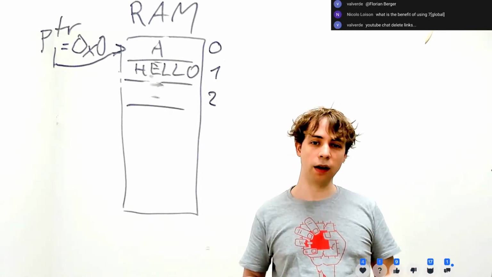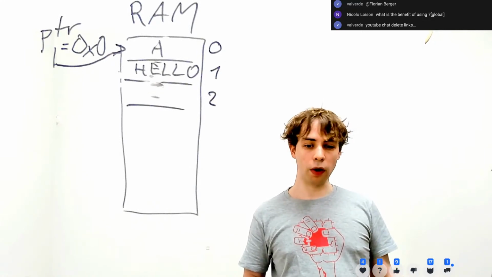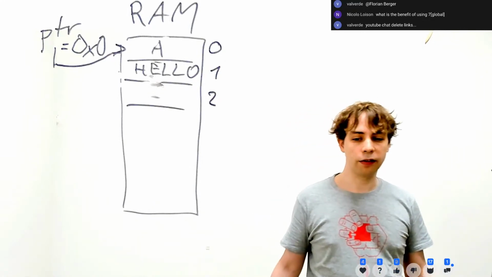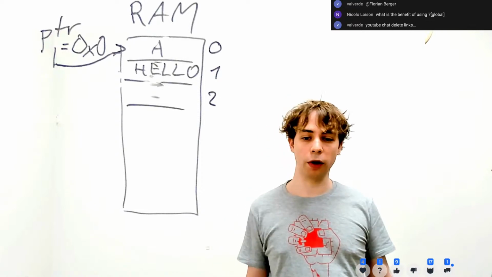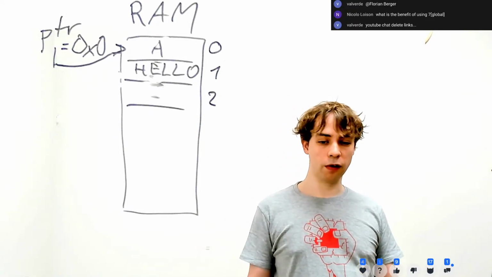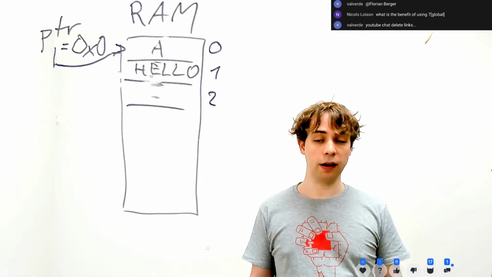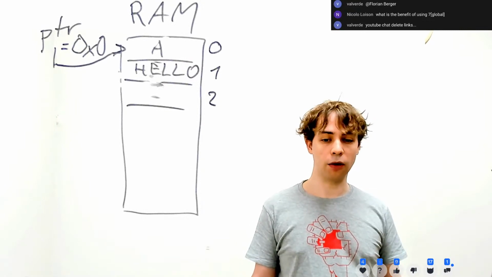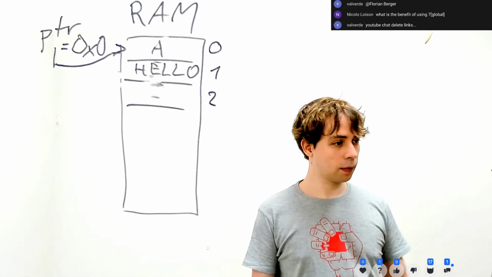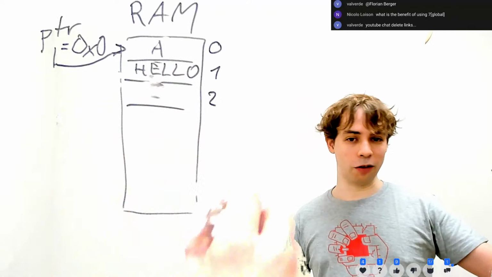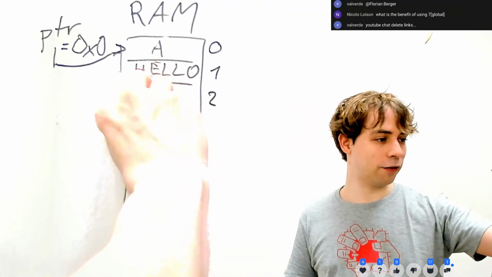But it might depend on your compiler warning options. In some compilers, this might raise a warning. In some compilers, this might even throw an error. But in the most general case, this is allowed.